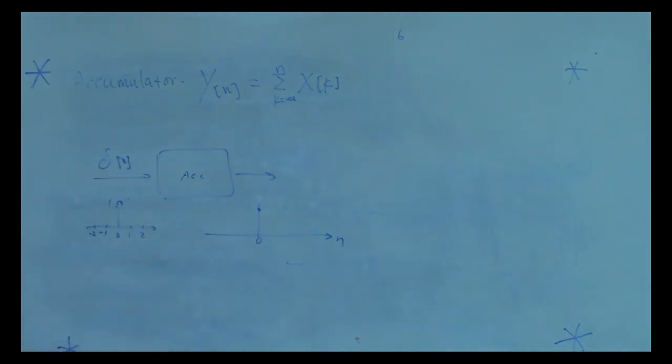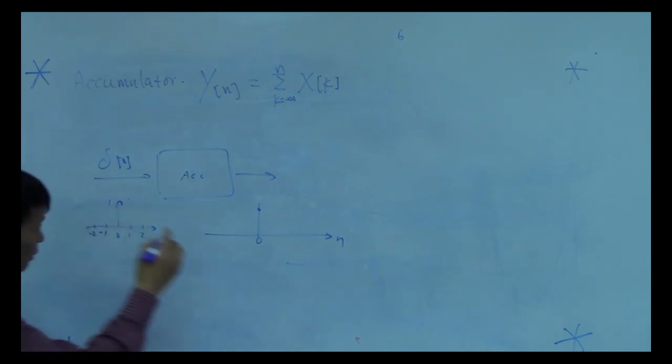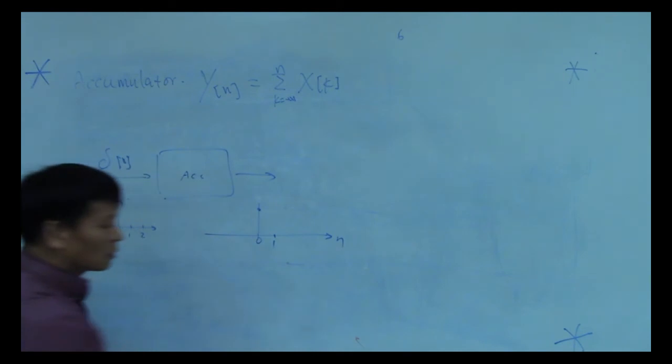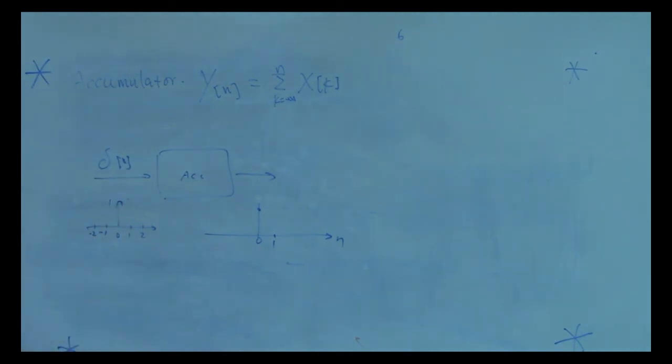Does it make sense? Everybody see how to get this? How about when n equals 1? That means accumulate the input from 1 all the way back to negative infinity. Should be just one. This one plus this one plus this one plus all this. So equals what? 1.